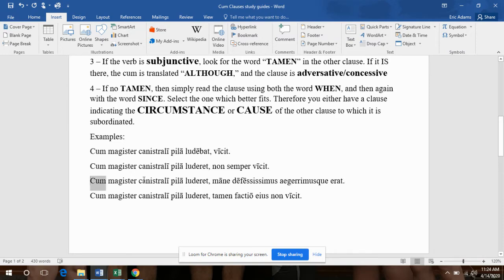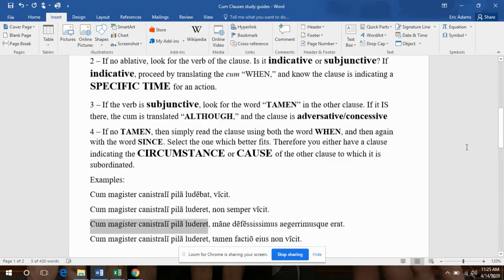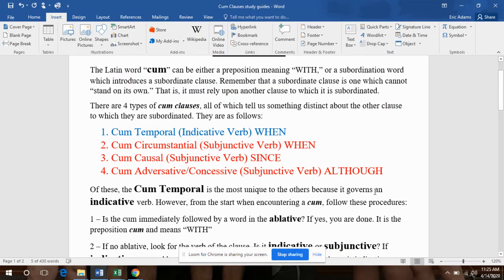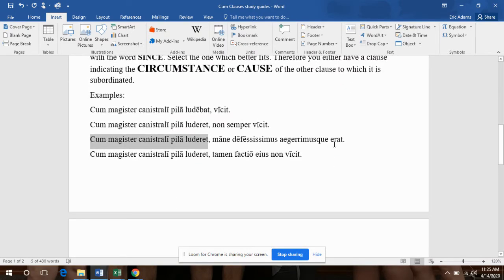Nevertheless, so here I would argue that this is the cum causal, because what is the cause of him being very tired and very sore? The fact that he was playing basketball. He makes bad decisions sometimes.